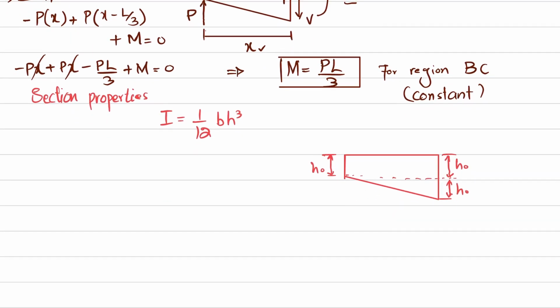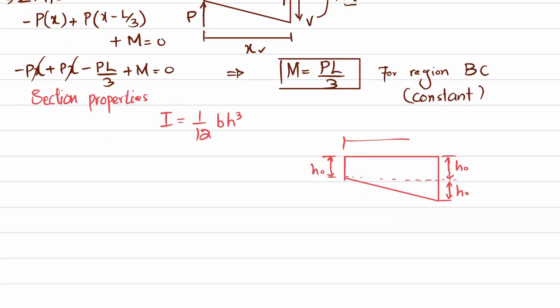Clear? And this length is L by 2. So if you want to take any distance X where you want to find H, at this distance you will have height equal to H. So we are interested in finding the equation for this H.